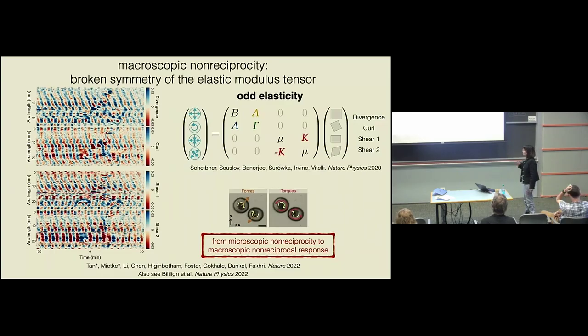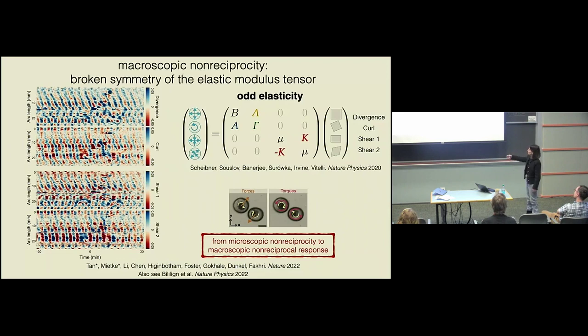So I will briefly mention these oscillations. This is looking at the displacement gradient tensor, at the four principal components, plotting the amplitude as a function of time, and you can clearly see that we have these oscillations.